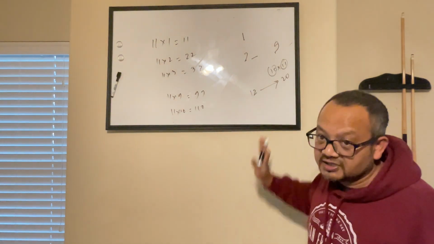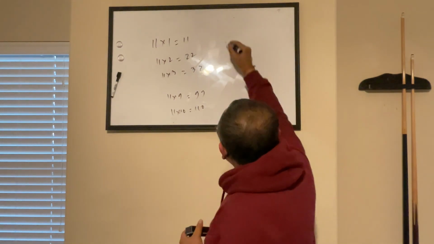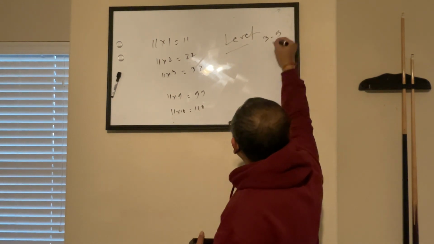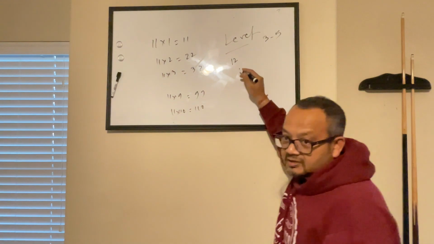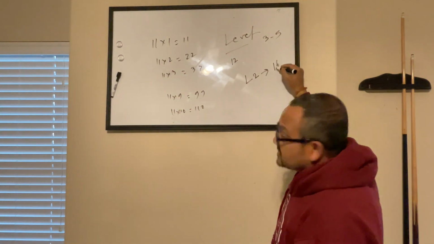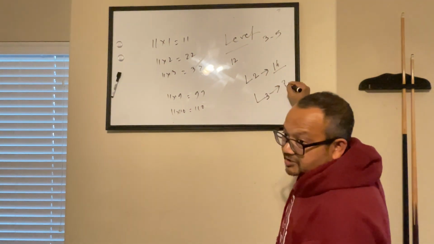This is our target. What I try to make sure is that level 1, meaning kids from 3rd to 5th grade, should know tables till 12. Level 2 should know at least tables till 16. Level 3 should know tables till 20.